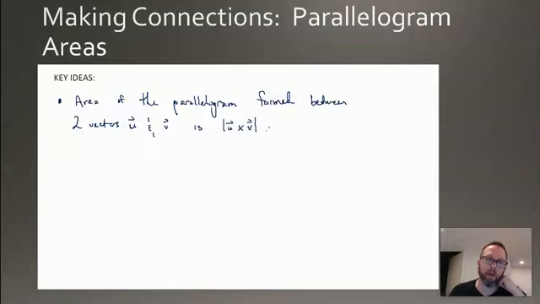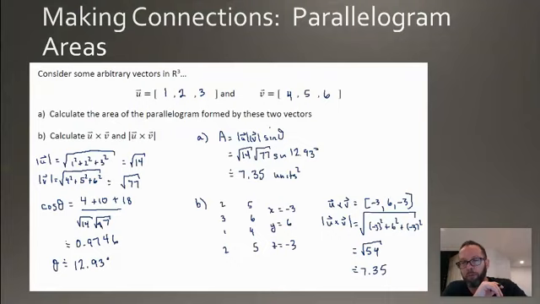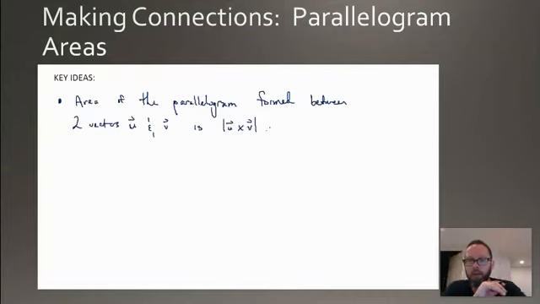You don't have to do a lot of hard work visualizing and drawing those vectors in 3D and then find the base and height. No, you can just find their cross product and find its magnitude. So that wasn't quite a rigorous proof we did, but hopefully you're convinced that it works.